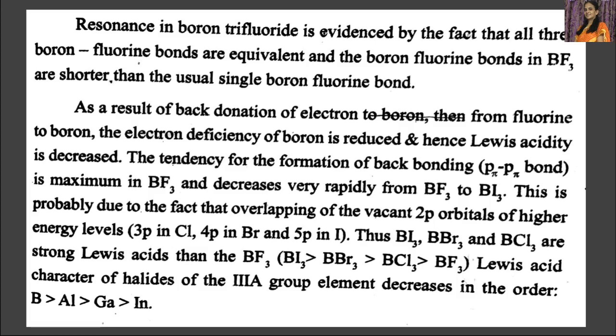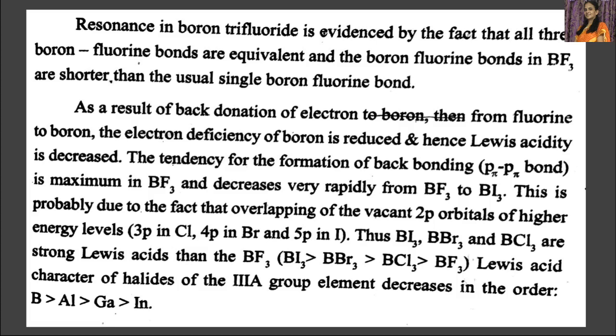So thus BI3, BBr3, BCl3 are stronger Lewis acids than BF3. So BI3 greater than BBr3 greater than BCl3 greater than BF3, because in BF3 back bonding is present and the Lewis acidic nature of boron in BF3 is decreased.